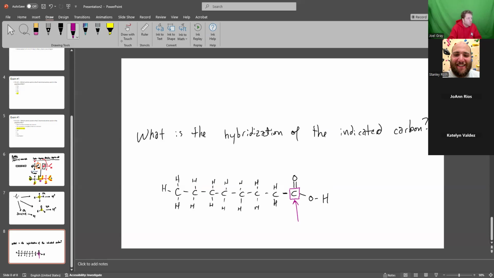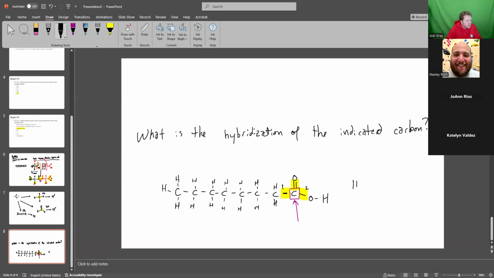In which case, what I'd want you to do is look at this carbon and say, okay, there's a single bond. So that's a bond going to one thing. Here's another single bond. That's another bond. So I'm going to keep a running tally. We got one bond going to one thing, another bond going to another thing. So this is one, this is two. And then I'm going to get my highlighter and go after this.